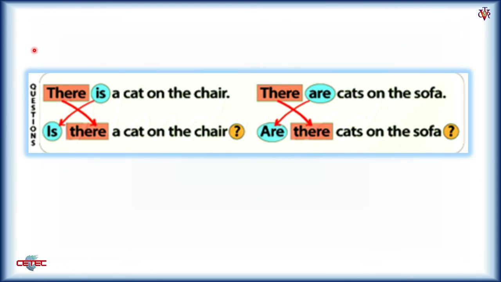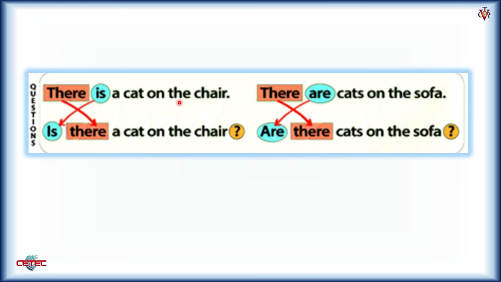With questions. There is a cat on the chair. Here, the first sentence is positive. Now, to switch this sentence into question form, we have to use the verb to be first and the word there second.